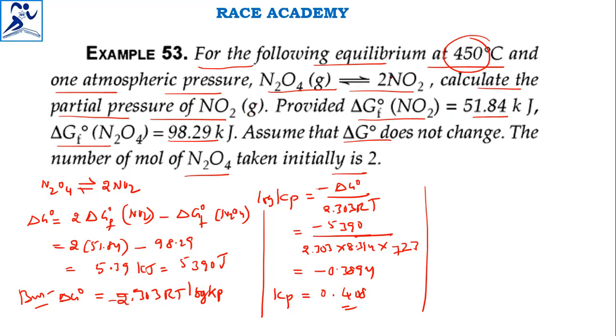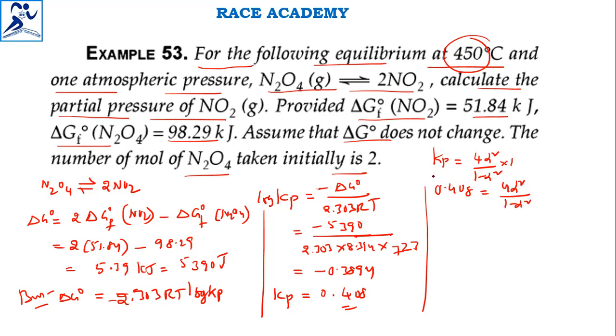To find the partial pressure of NO2, we should know the degree of dissociation. So for the given equation, what is the Kp? The mathematical expression is Kp equals 4 alpha square by 1 minus alpha square into the atmospheric pressure. It is 1, so it is into 1 is 1 only, and if you substitute the Kp in this, you will find alpha. So the Kp value is 0.408, equal to 4 alpha square by 1 minus alpha square.